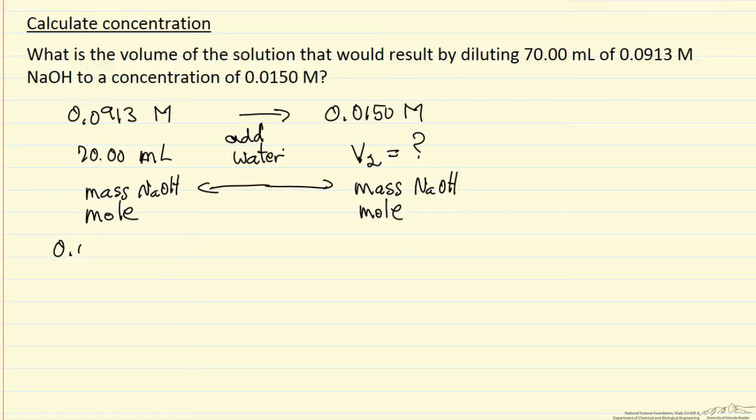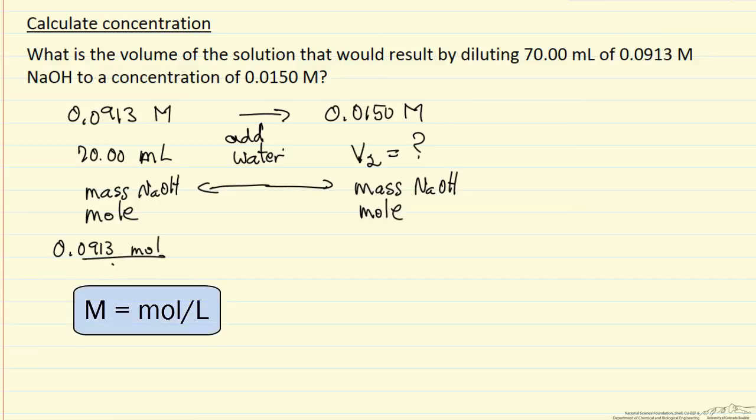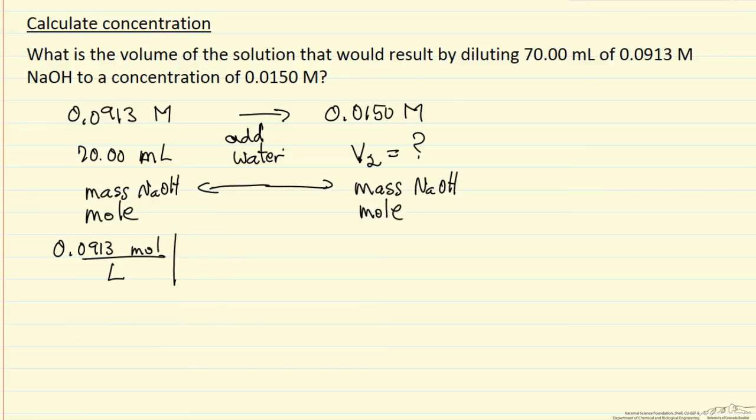I have 0.0913 moles per liter of sodium hydroxide, and I have 70 milliliters, and now I want to of course convert units, 10 to the third milliliters per liter, and now the units will give me the number of moles of sodium hydroxide.